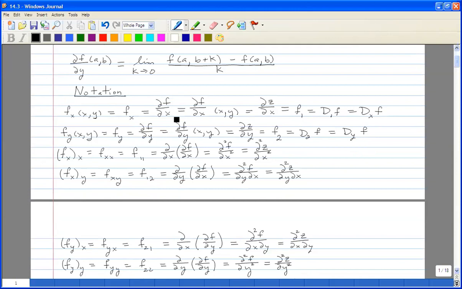Sometimes we let z equal f of x, y, and we use this notation, curly dz over curly dx. I don't really like that, but sometimes I use it, because if you have a function of 3 variables or so, then usually I use z for the third variable. So then this gets confusing.